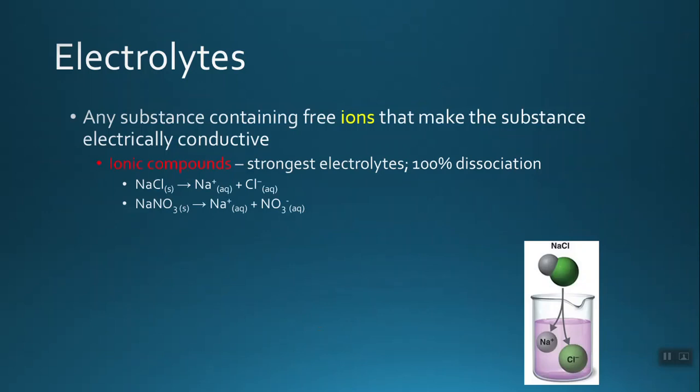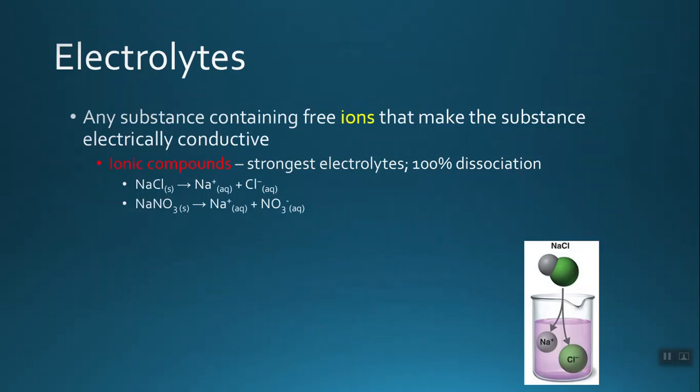So if we were to dissolve an ionic compound in water, for example, if we were to take salt and put it in water, first of all, it'll dissolve. And at a molecular level, what happens is that these ionic compounds, when they dissolve, will separate into their ions.